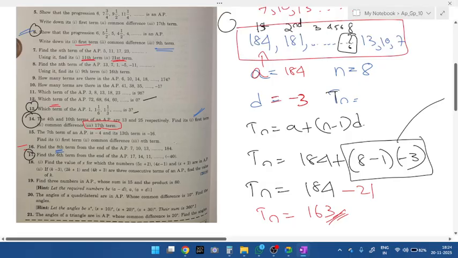From the first one, whatever we studied, students, only in 2018 they had given the 18th question.